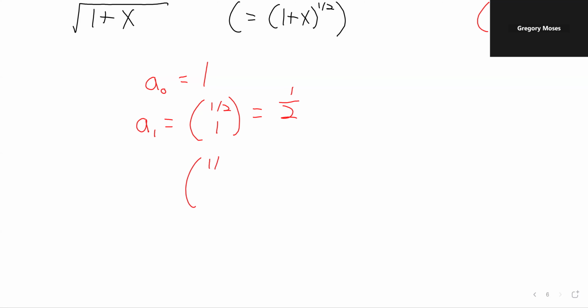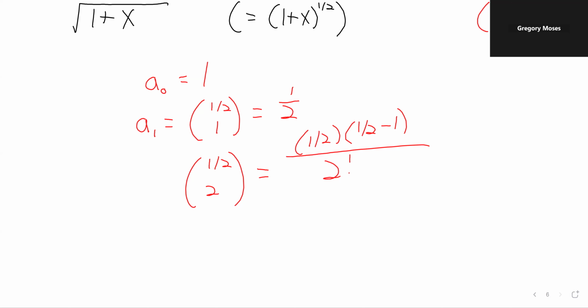Then our terms from here on out, 1/2 choose 2 is perfectly well defined the way we've defined n choose k.